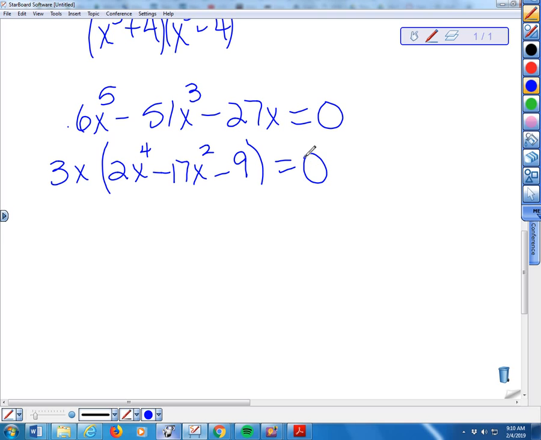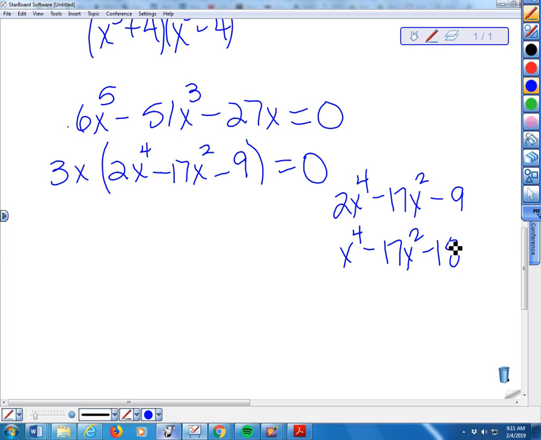Okay, now we have 4, 2, 0, so it's a pattern that we can use a quadratic factoring technique for. So this would become 6x to the 4th minus 17x squared minus 9. Multiply those: x to the 4th minus 17x squared minus 54. Factors of 54 that equal 17: 18 and 3. Which is positive, which is negative?